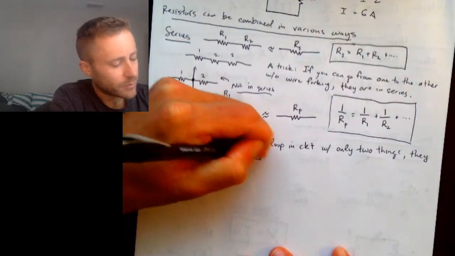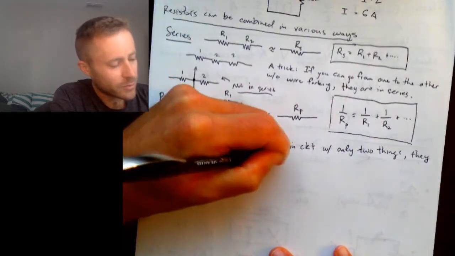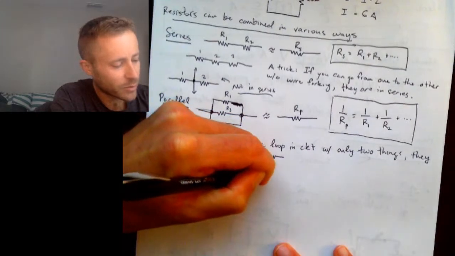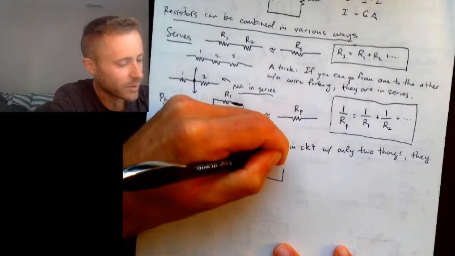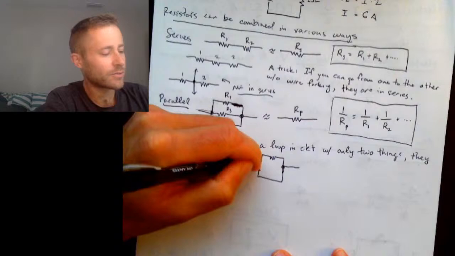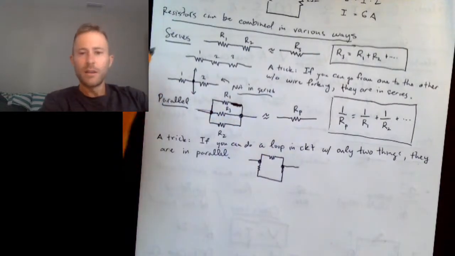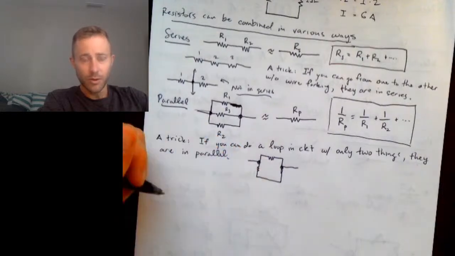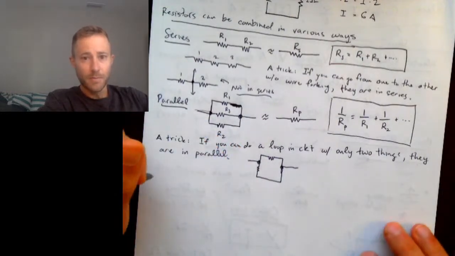So a lot of times students get hung up on the word parallel, and they think that the resistors have to point in the same direction. But that's not the case. All right? These two resistors, even though one is horizontal and the other is vertical, they are in parallel. Okay?